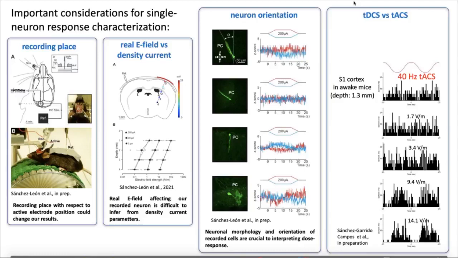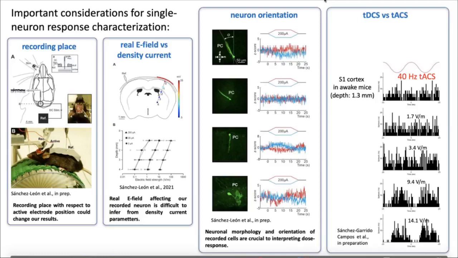Finally, I would also mention that in the last few years, we have more and more papers that focus on tACS. I think we also have a nice result in our lab, but this is because we tend to have more success when we try to record neuronal changes during alternating current.